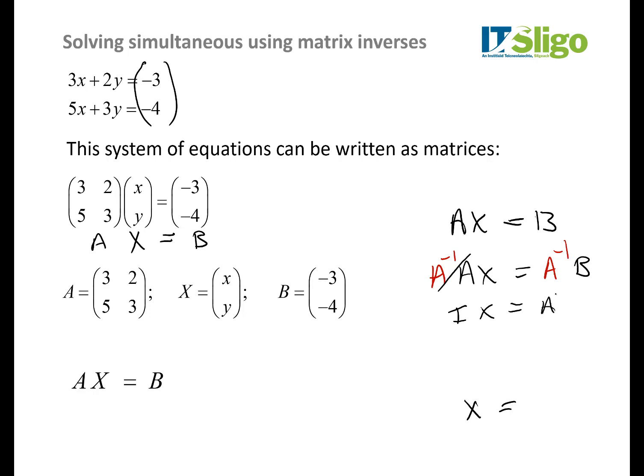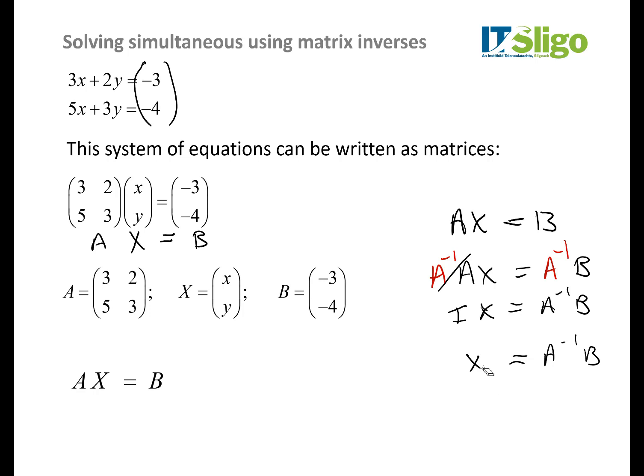And on the right, the inverse is now written. And now any matrix multiplied by the identity just gives me the original matrix. We just saw this briefly. And finally, that's our answer then. So x on its own.